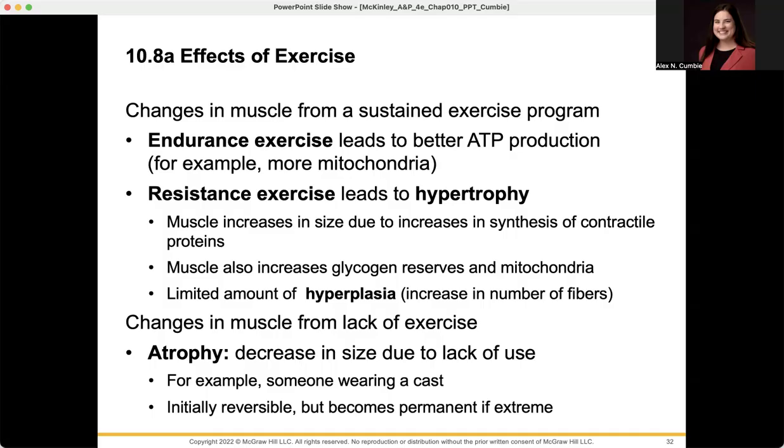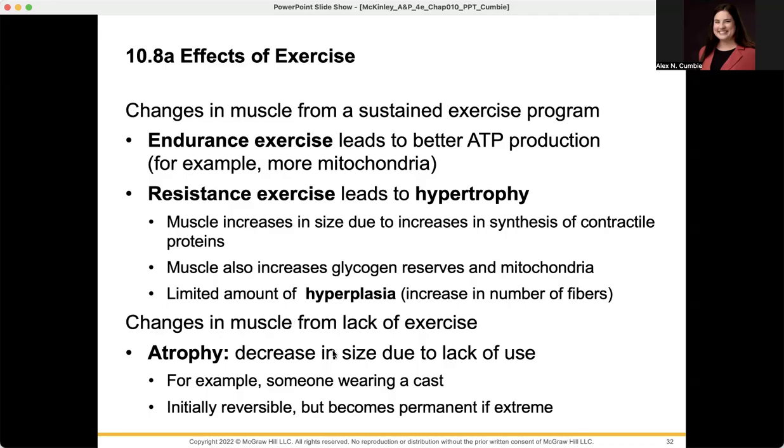Sometimes in muscle cells, when we do resistance exercises, you can create some additional fibers, and that would be hyperplasia. This is when we make more cells. This would mean that the cells are going through mitosis. But largely when we do resistance exercises with muscle cells, mostly they just get larger, hypertrophy.